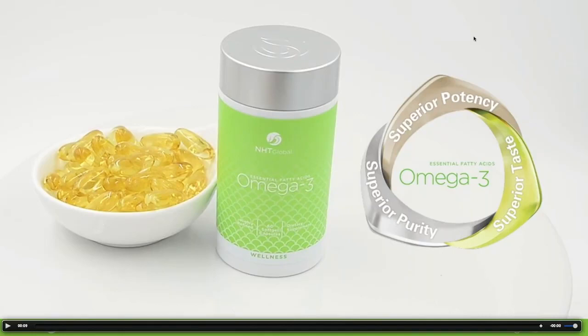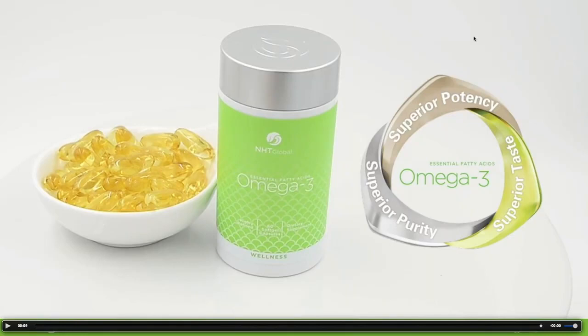And so I want you to know and be assured that every single batch is tested for purity, for potency, and then finally, superior taste, aroma and experience. We use a natural flavoring system, a natural citrus system, in addition to the very strong end result purity we get through the manufacturing process.